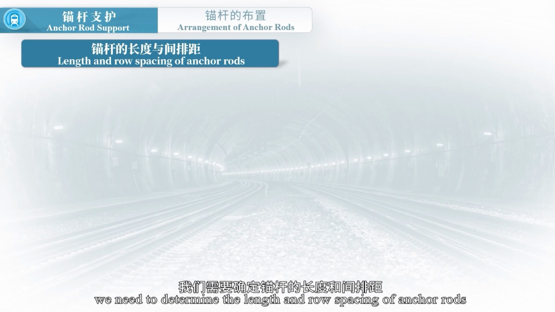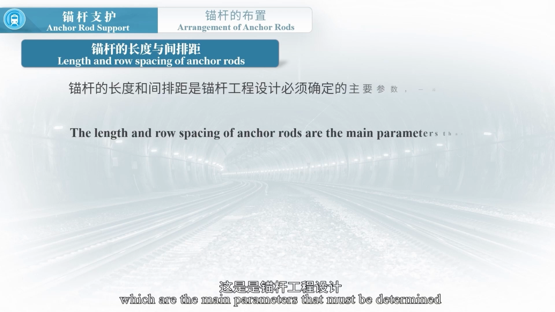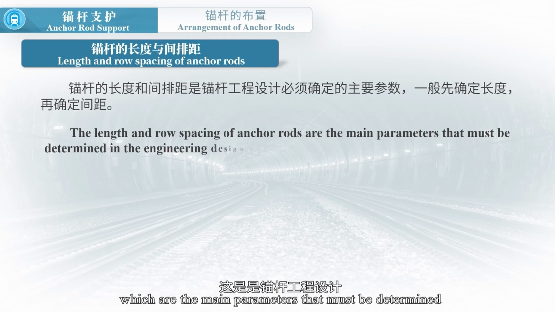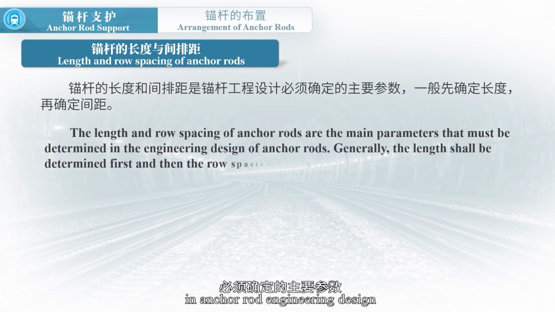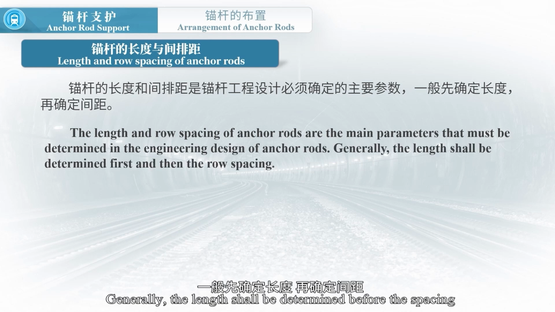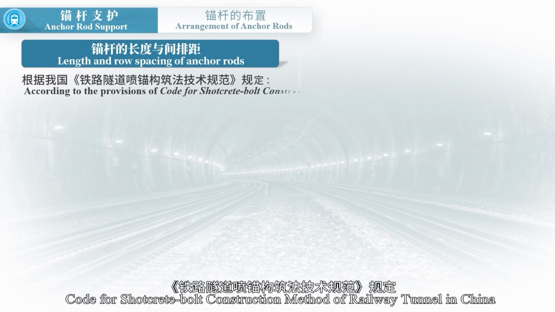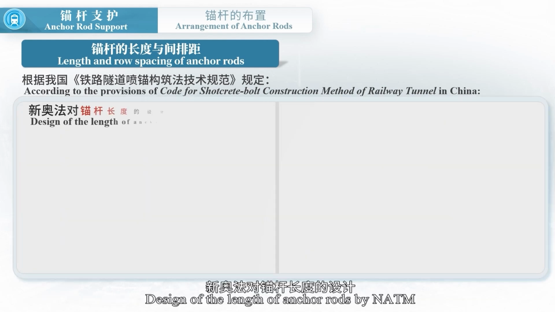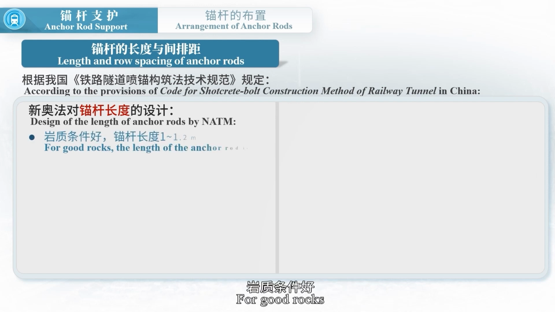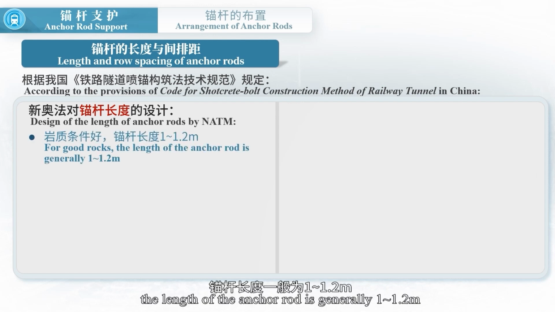Finally, we need to determine the length and row spacing of anchor rods, which are the main parameters that must be determined. In anchor rod engineering design, generally, the length shall be determined before the spacing. According to the provisions of Code for Shotcrete Bolt Construction Method of Railway Tunnel in China, design of the length of anchor rods by NATM, for good rocks, the length of the anchor rod is generally 1.2 m.